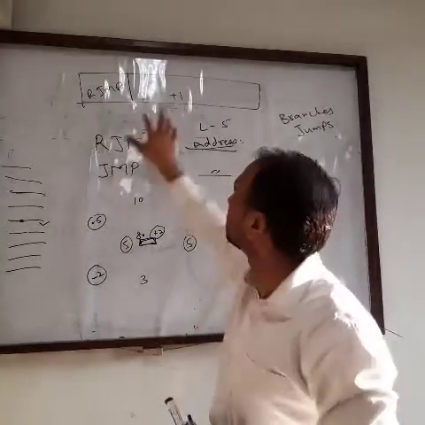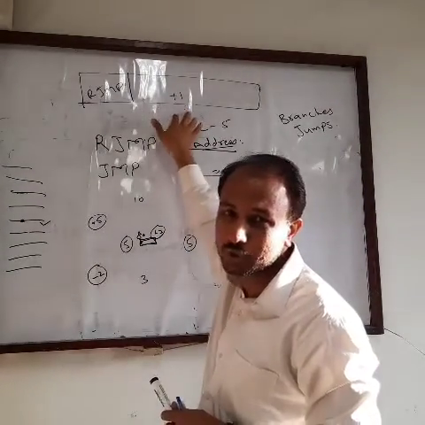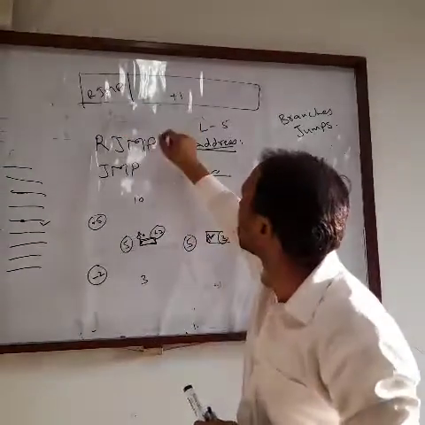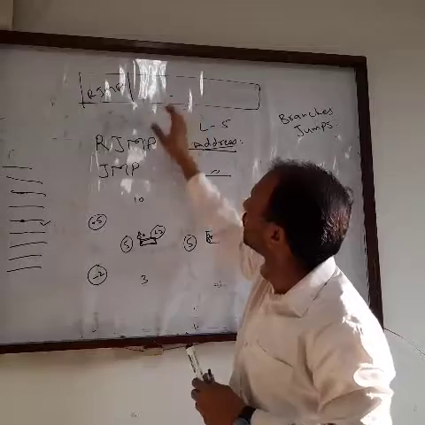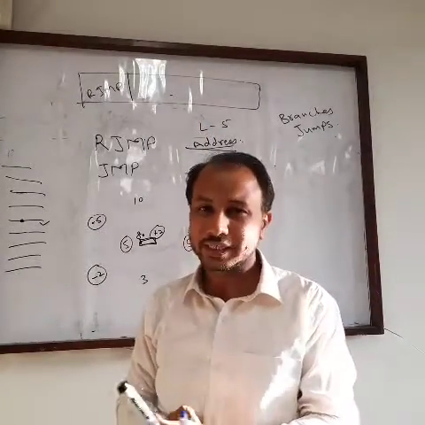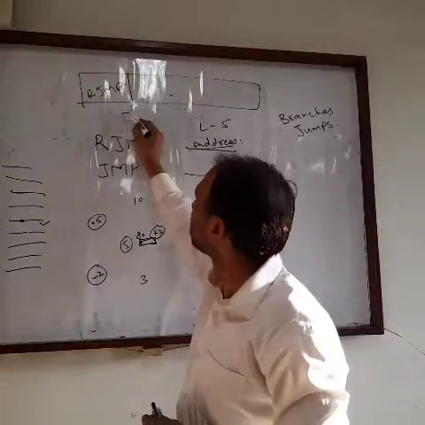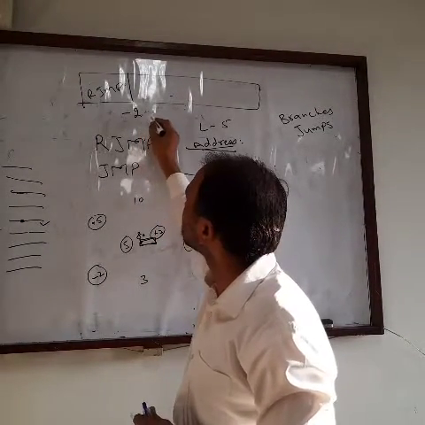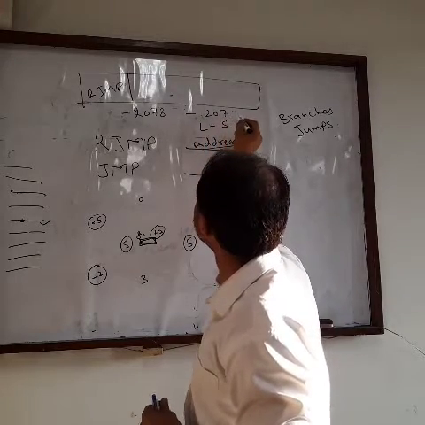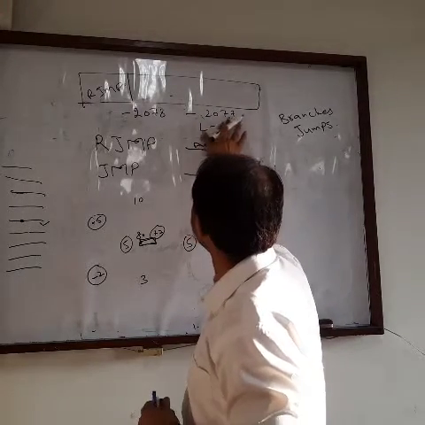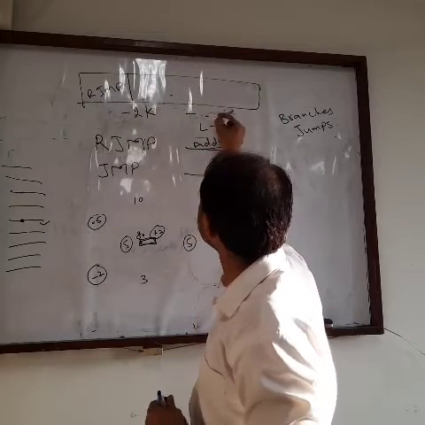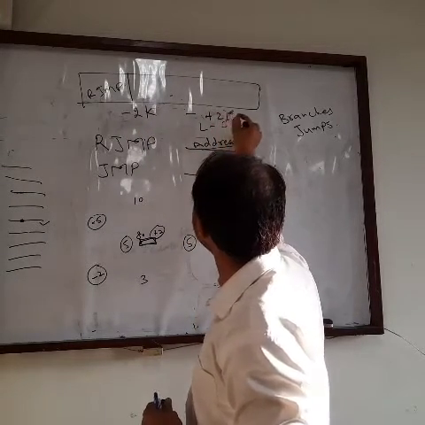So the binary of plus 1 goes from this position to this position. How much relative jump can we take? In our AVR ATmega16, we can jump from minus 2048 to plus 2047, or you can say minus 2K to plus 2K.